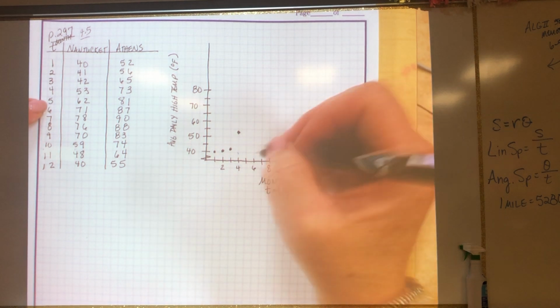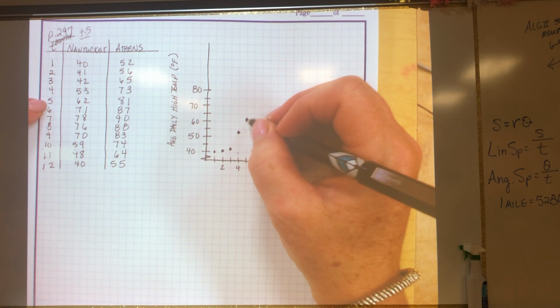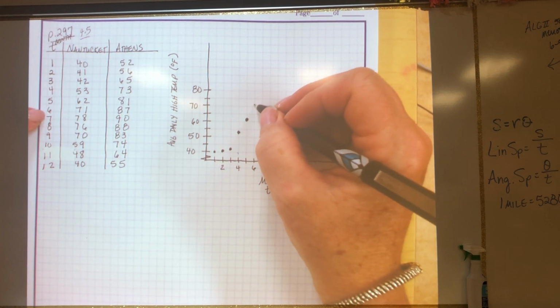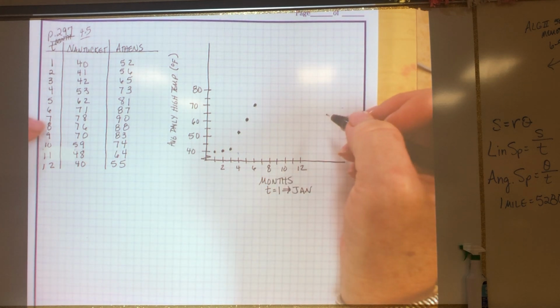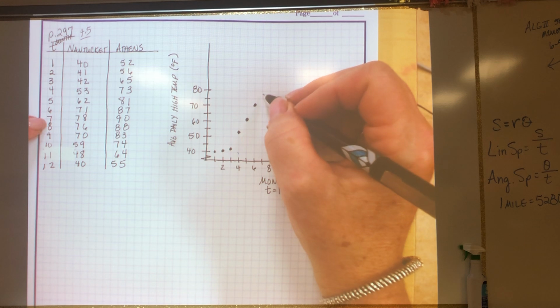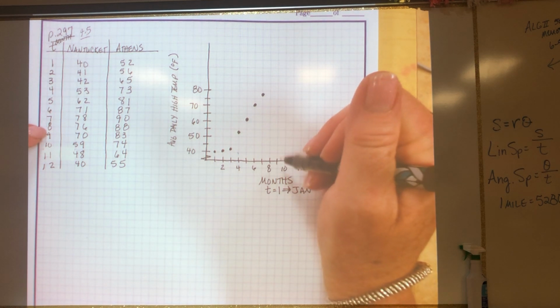At 5, it's 62. At 6, it's 71. At 7, it's 78. At 8, it's 76.